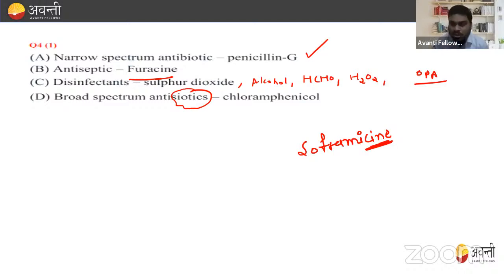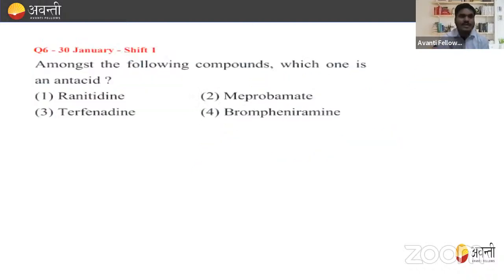These all are examples of broad spectrum antibiotics. Amoxicillin is one of the most common ones. So amoxicillin done, chloramphenicol done. These are examples of broad spectrum antibiotics. So I hope it's clear. And I have told you only 2-3 examples of each. So shall we proceed to the next question, right?